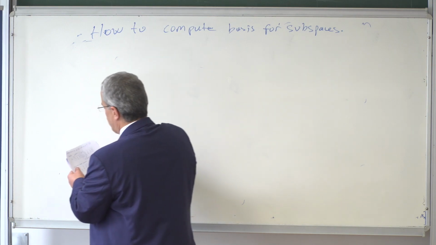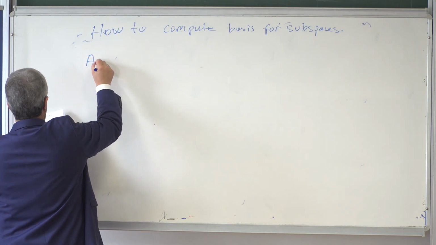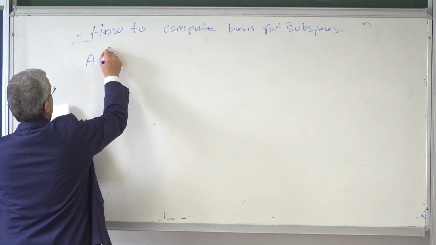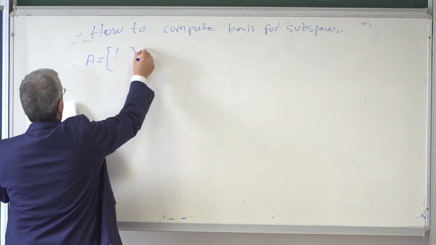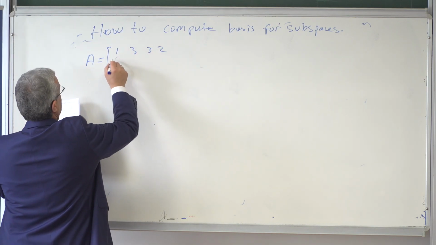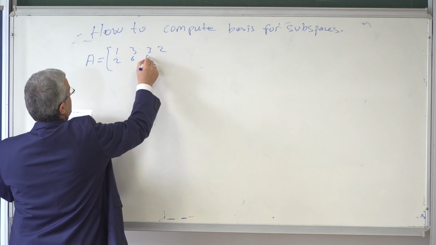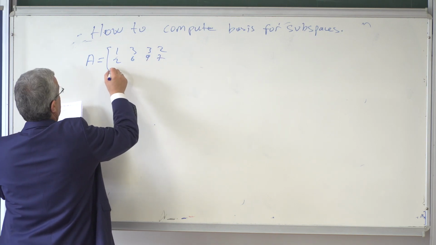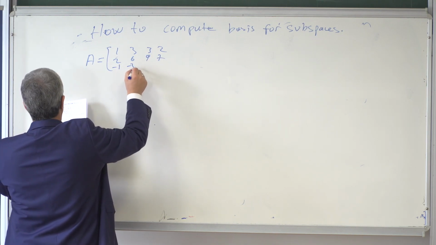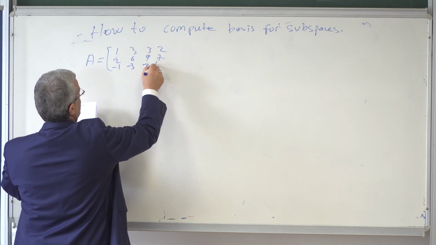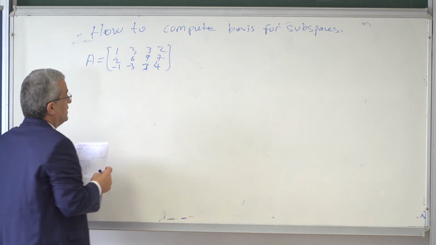Let's say A is equal to 1, 3, 3, 2, 2, 6, 9, 7, minus 1, minus 3, 3, 4. Okay?